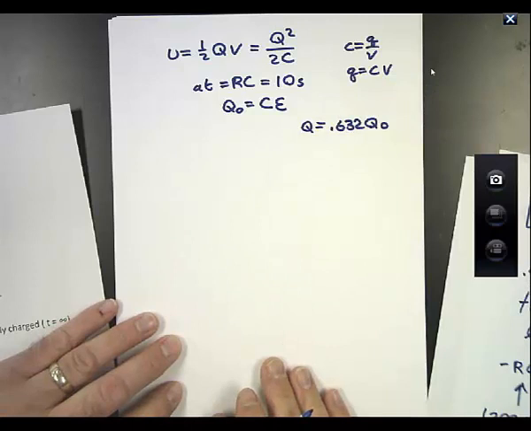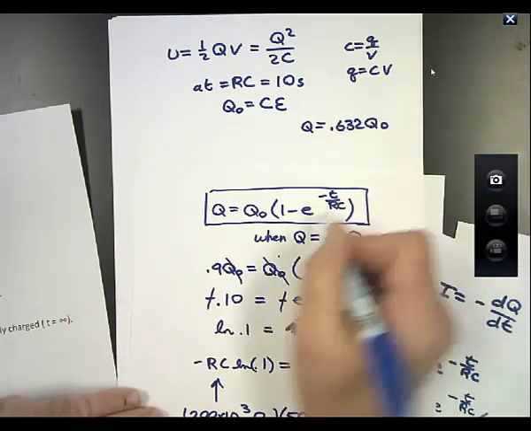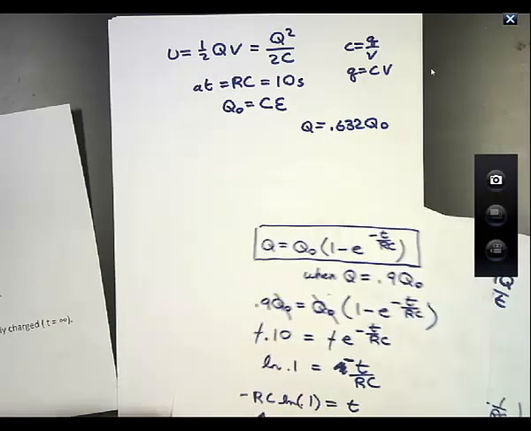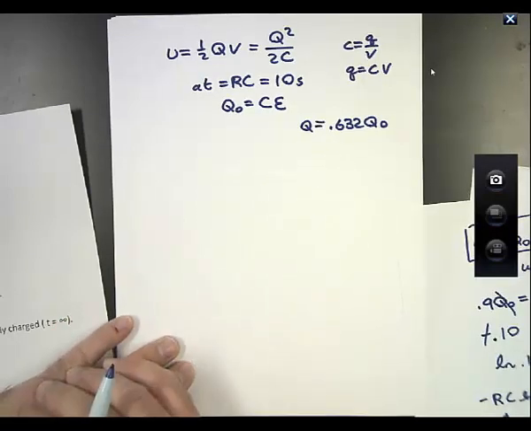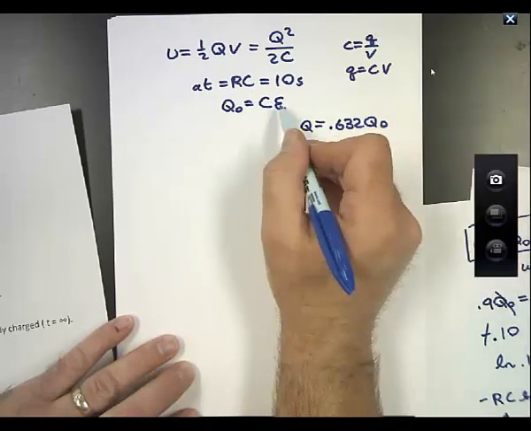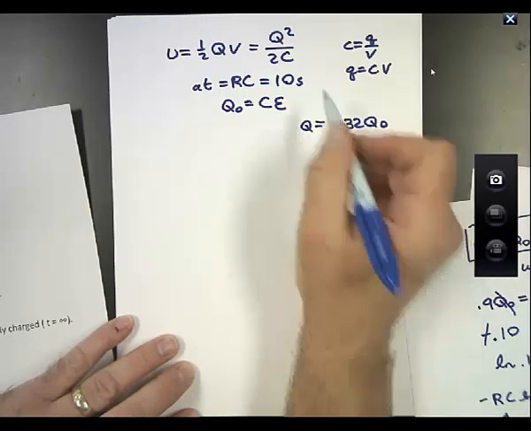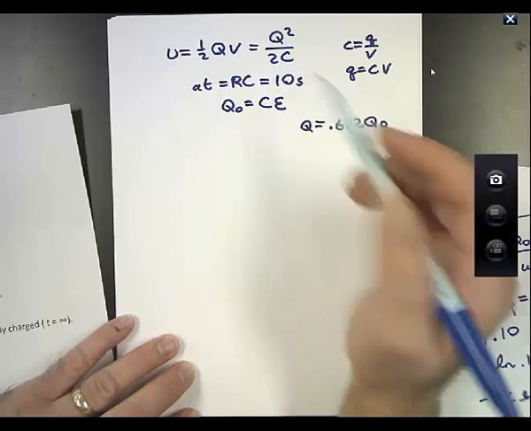If you don't believe me, try it out. Get this equation going, put an RC in for t, and solve it. So, if that's the case, then we can replace this with C times E in order to find Q. We know the capacitance, so we're cooking with gas.